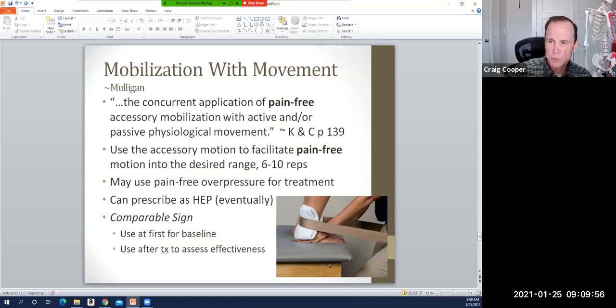But mobilizations with movement were theorized by this person named Mulligan. And the idea is we're going to do a pain-free accessory movement while the patient is doing the active physiological movement. And so that's what's pictured down here.